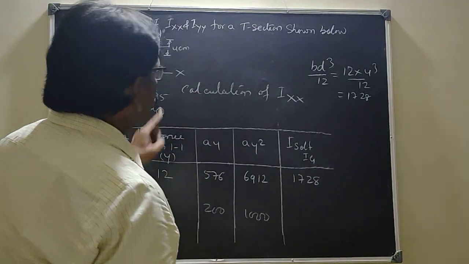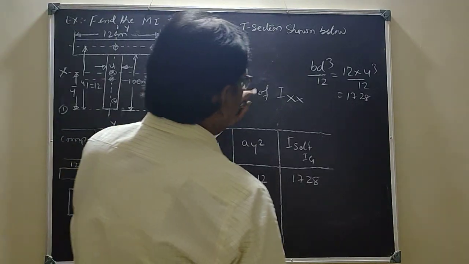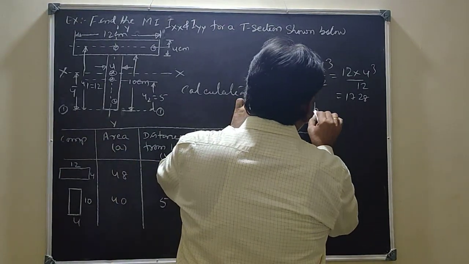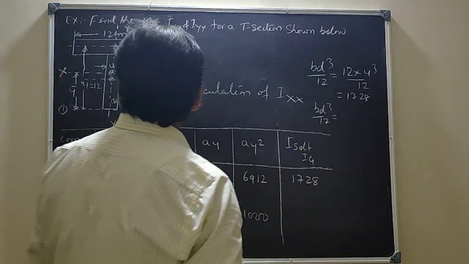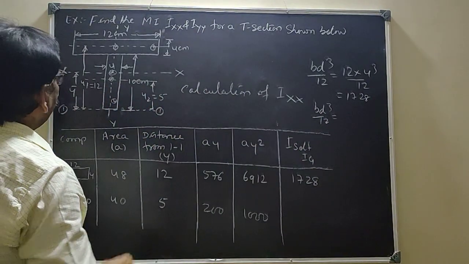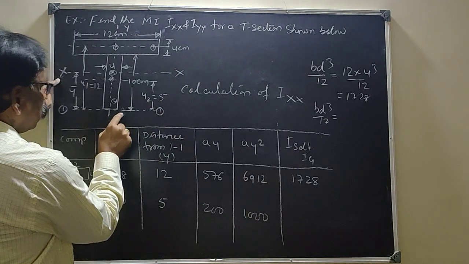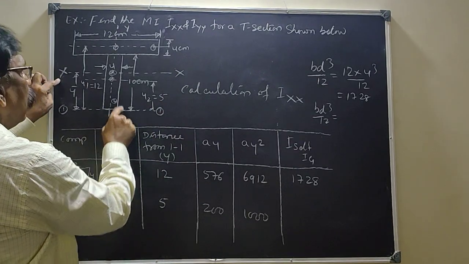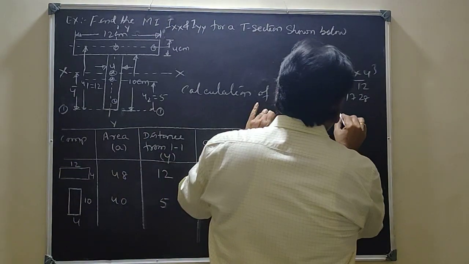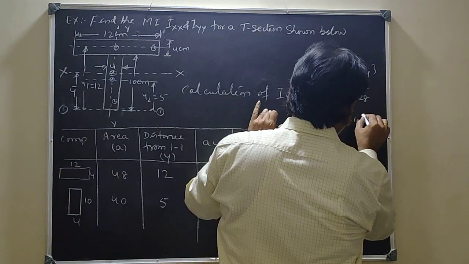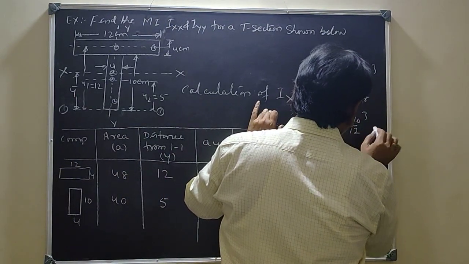And again the formula is the same formula. What is that? BD cubed by 12. Now the dimension parallel to this XX axis is 4, and perpendicular to this one is 10. So that is 4 into 10 to the power of 3 divided by 12.